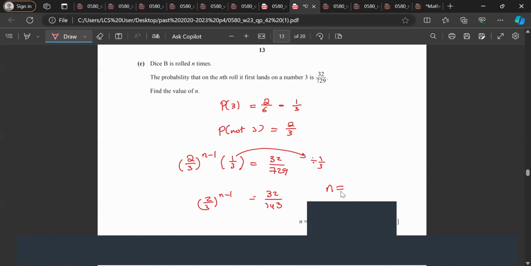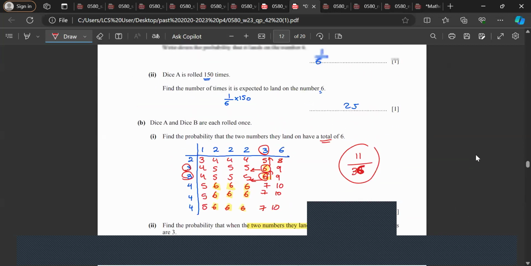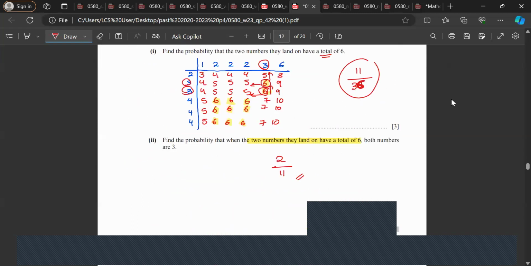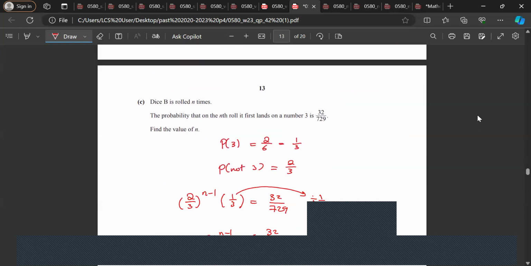No, it's not giving me 6. Yes, it is 6. I had a problem in the calculator.